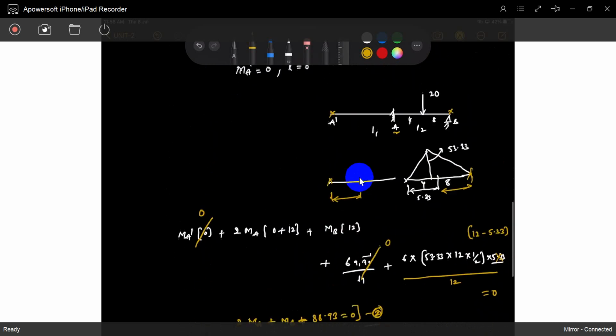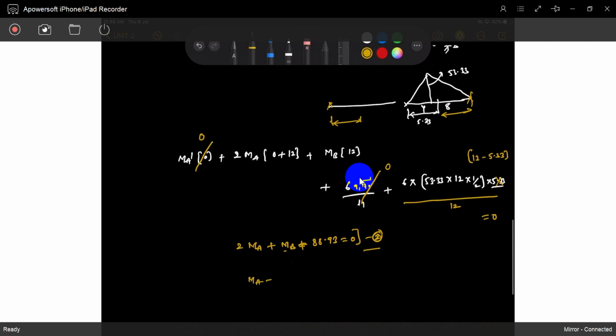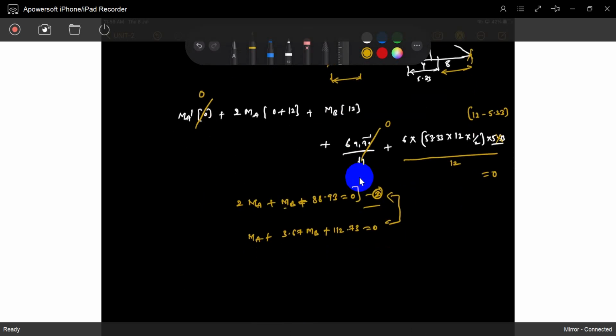The second equation is MA plus 3.67 MB plus 112.73 is equal to 0. That is the two equations, two unknowns. You can solve it. You will write one in terms of the other.